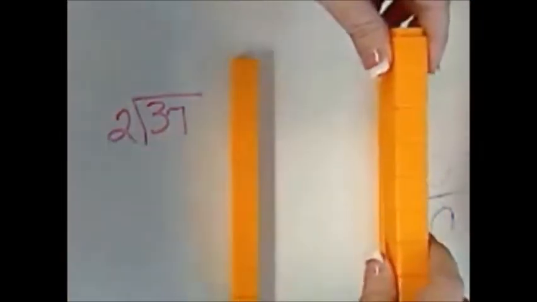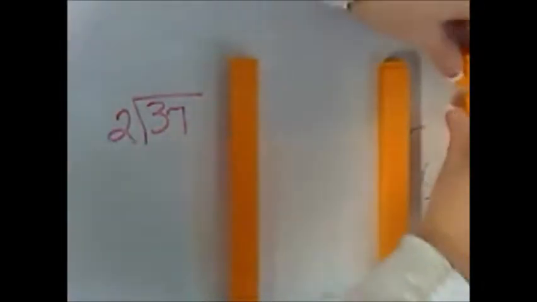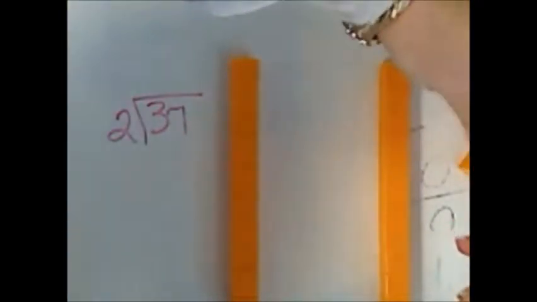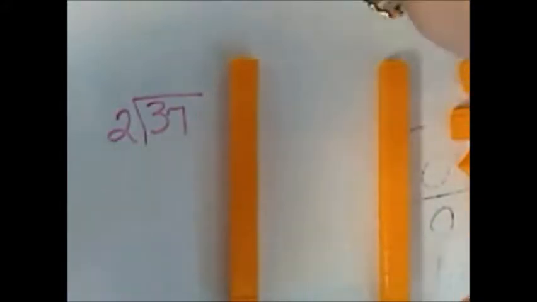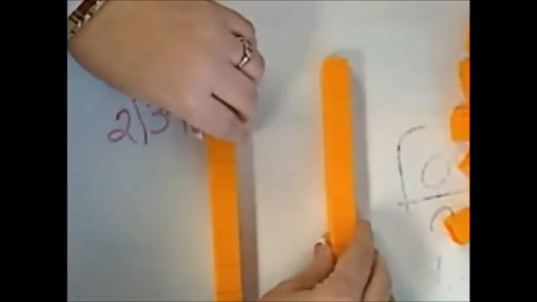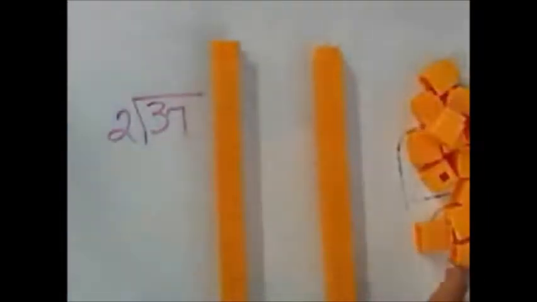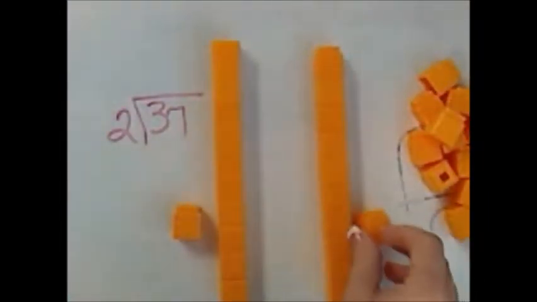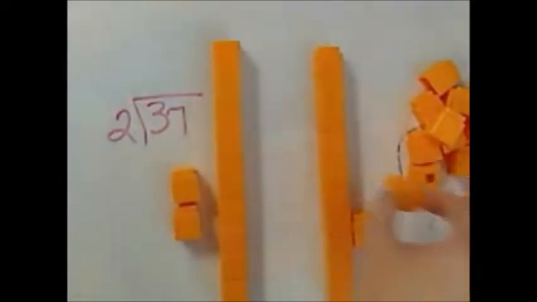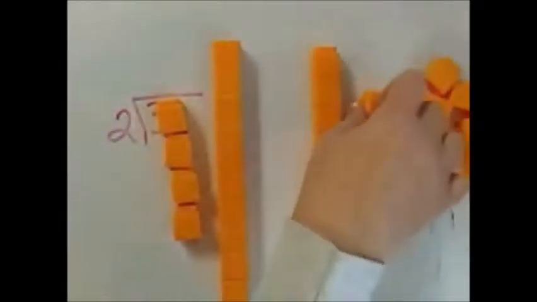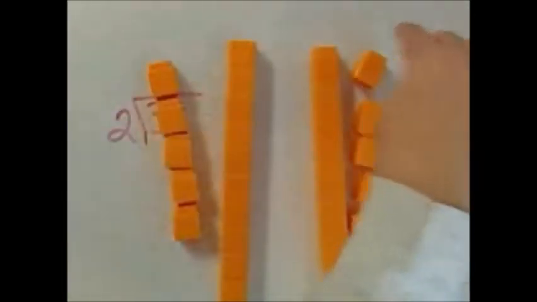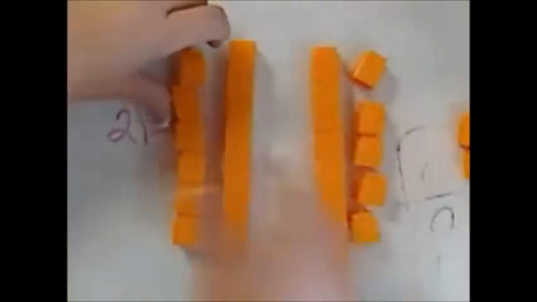So I'm going to break them apart so that they fit with my individual cubes. I'm trying to get it to where everything lines up where you can see it. Then I'm going to divide them up, and I'm just going to put one here and one in this group, one in this group, and I'm going to keep dividing them up until I've divided them all out.